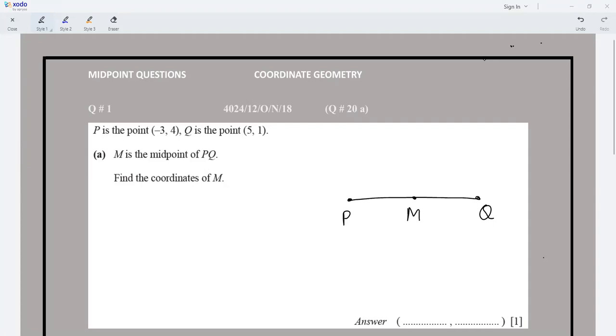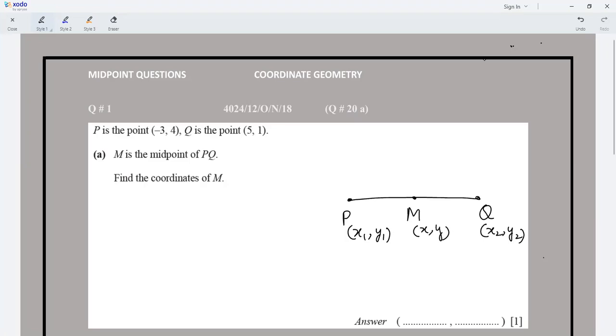If P is taken as the first point, the x coordinate of P will be x1 and the y coordinate will be y1. Similarly, for point Q, taken as the second point, the x coordinate becomes x2 and the y coordinate becomes y2. For the midpoint, we write x comma y.